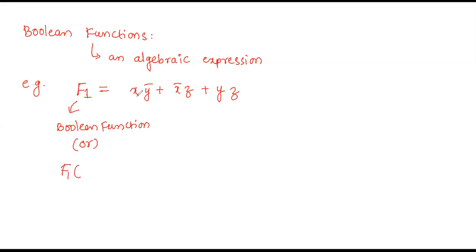Variables present in the expression are x, y, z. So you can write variables present in the expression in the bracket. This is about the Boolean function. Boolean function is nothing but one algebraic expression, xy bar plus x bar z plus yz, like this.